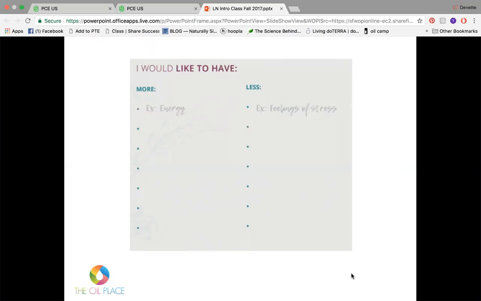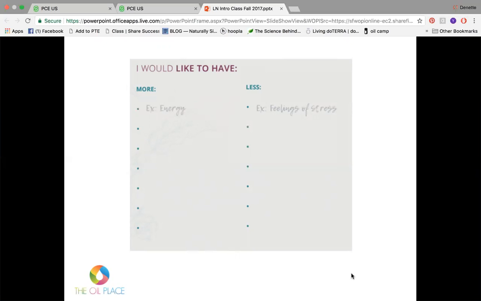So some of the top things that are mentioned most often in class is people would like to have more energy, more sleep. They would like to have a more effective immune system. They would like to have less anxiety, less digestive issues, support mood, and reduce the toxic load in their family.